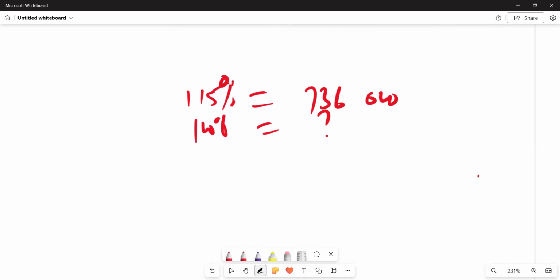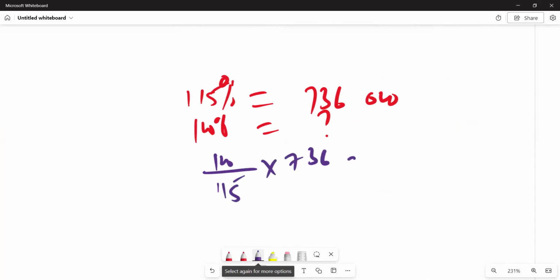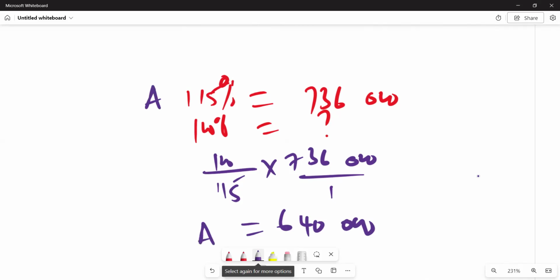What we don't have, 100%, we make it the numerator. And what we have, 115%, we make the denominator. We multiply by the given figure, which is 736,000. As simple as that. Then we calculate that one, and the answer that we get is 640,000. So your A is 640,000.